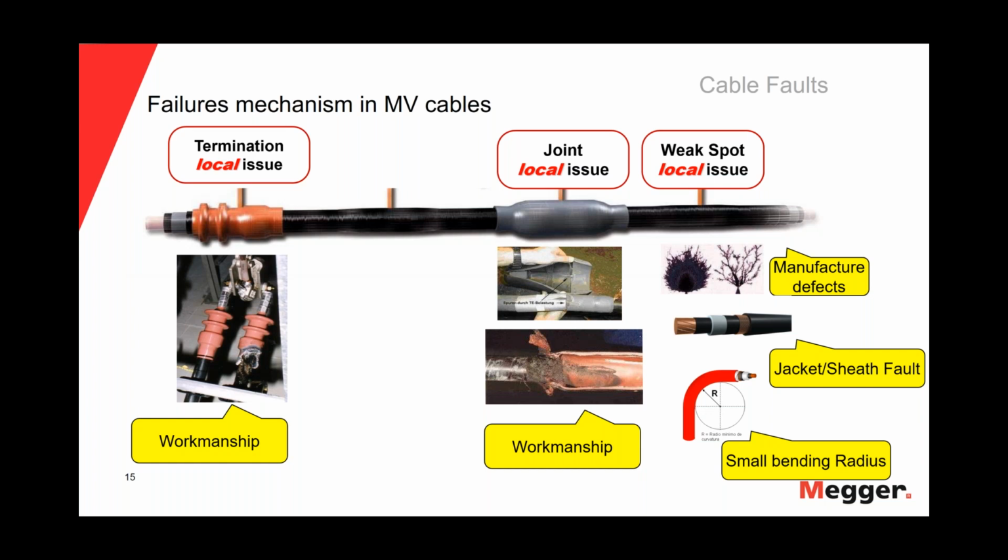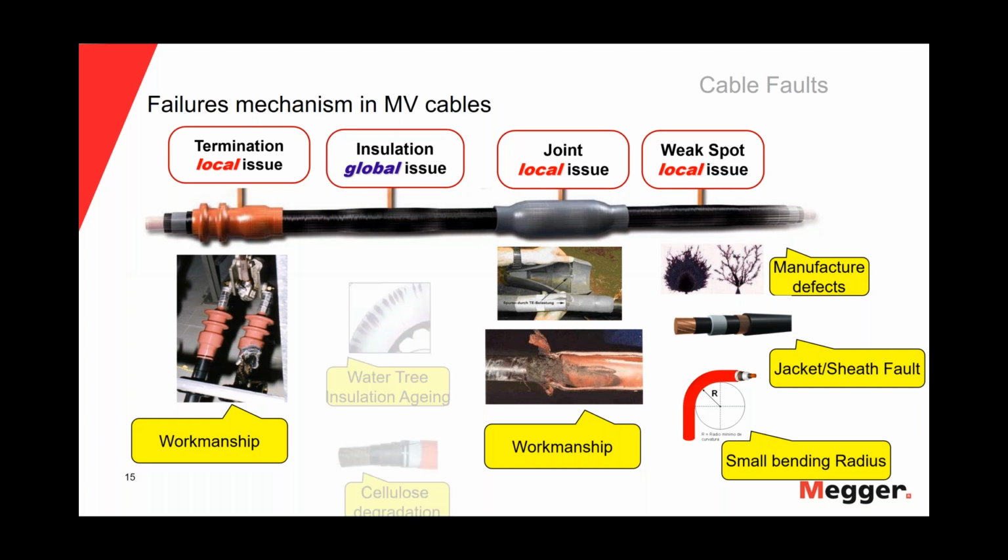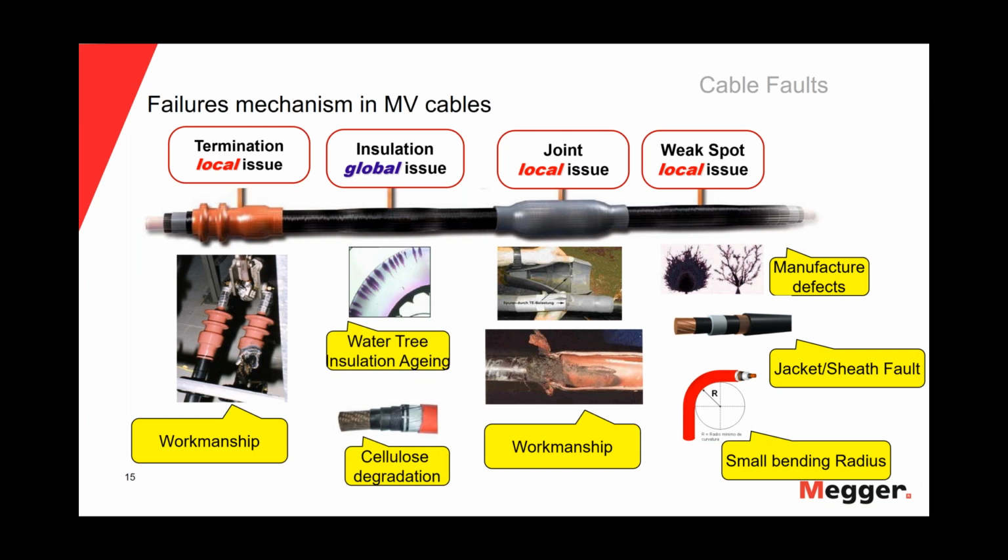Then if we look at the insulation itself, over time, the insulation itself can degrade and fail. And when we dive into this, we talk about water treeing and aging of the insulation on the solid dielectric cables. On the older PILC style, the cellulose itself, the paper, can degrade over time.